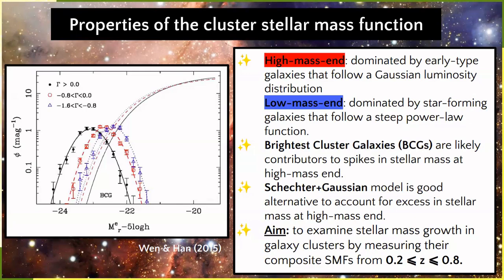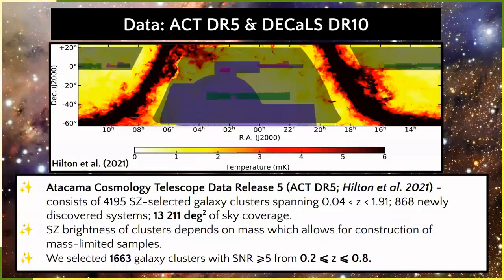So the main aim of our study is to examine the stellar mass growth in a large sample of galaxy clusters by measuring their composite stellar mass functions from redshift of 0.2 to 0.8. Now for a cluster sample, we make use of the large cluster catalog presented in the fifth data release of the Atacama Cosmology Telescope, or ACT DR5.